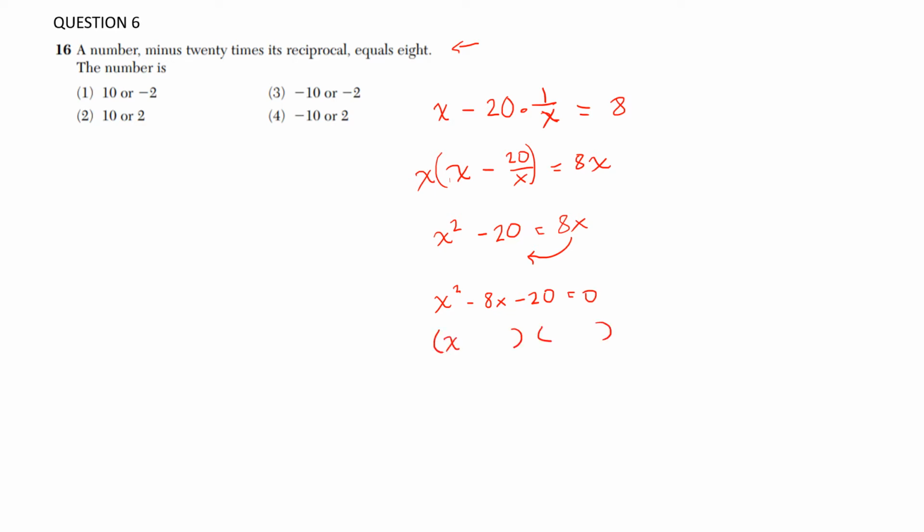And this becomes x. It looks like 10 and 2, right? So x minus 10 and x plus 2. So our solutions are going to be x equals 10 and x equals negative 2. Answer choice 1.